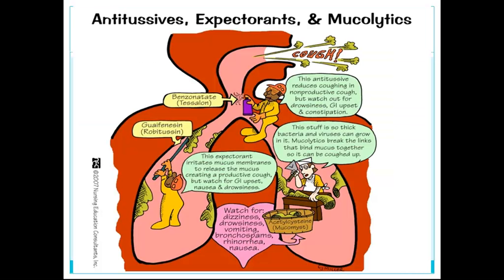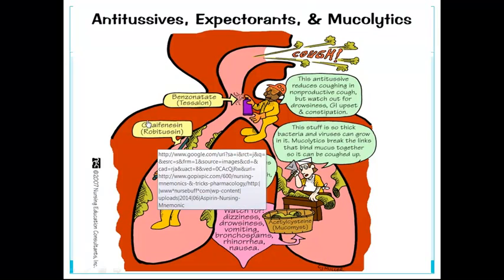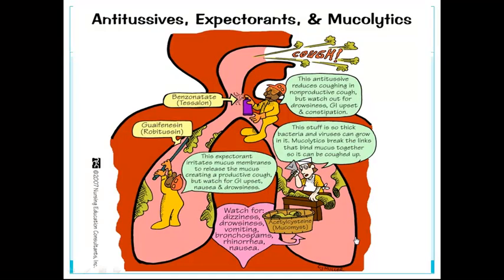So here's a little picture on antitussives, expectorants, and mucolytics. Antitussives work in the throat. They reduce coughing. Guaifenesin or Robitussin, which is an expectorant, irritates mucous membranes to release the mucus by creating a productive cough.